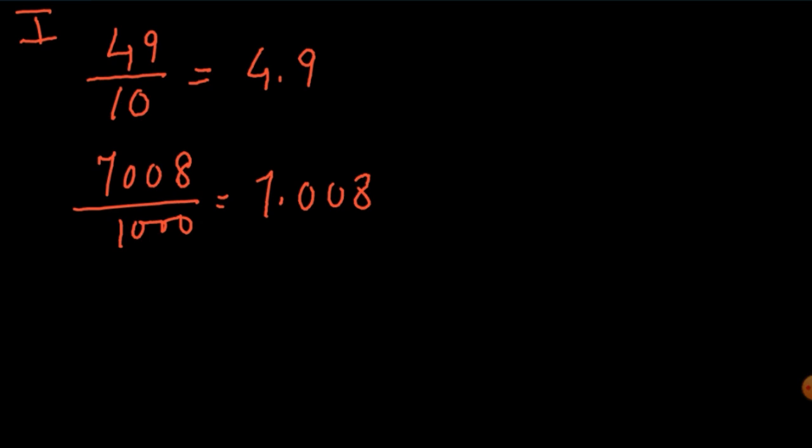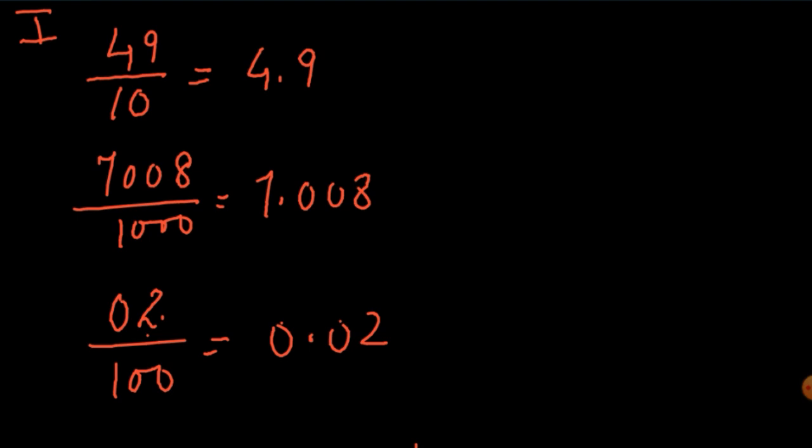Let's take one more example. Suppose I have a number 2 upon 100. So here again 2 zeros are there, so two places, but we need to put 0, so 0.02. So this is clear.